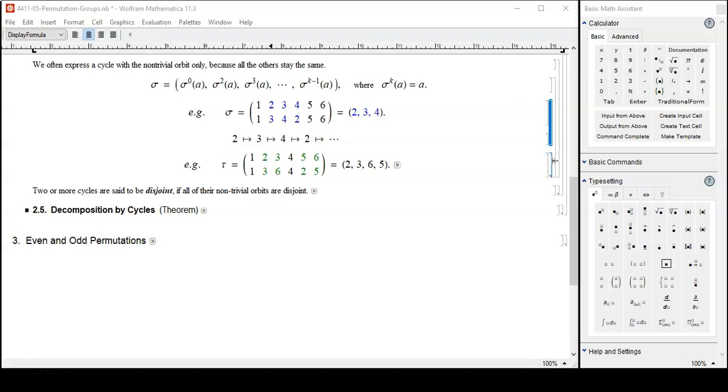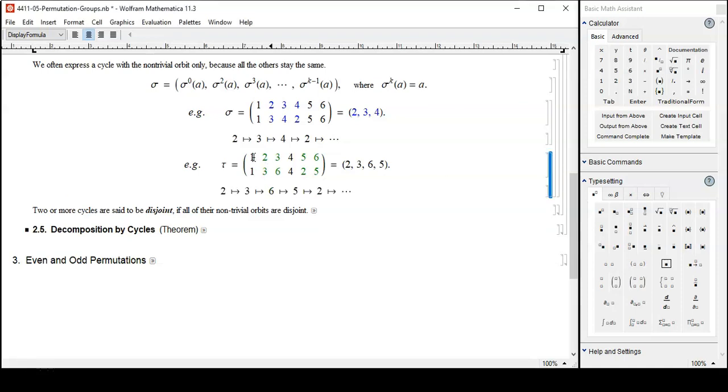Here's another example. 1 stays at 1, 4 stays at 4, but 2 goes to 3, 3 goes to 6, 6 goes to 5, and 5 goes to 2. So we have this cycle of 4. 2, 3, 6, 5. So 2 goes to 3, 3 goes to 6, 6 goes to 5, 5 goes to 2, back to 2, and then continues over. And of course, you can write like this as well.